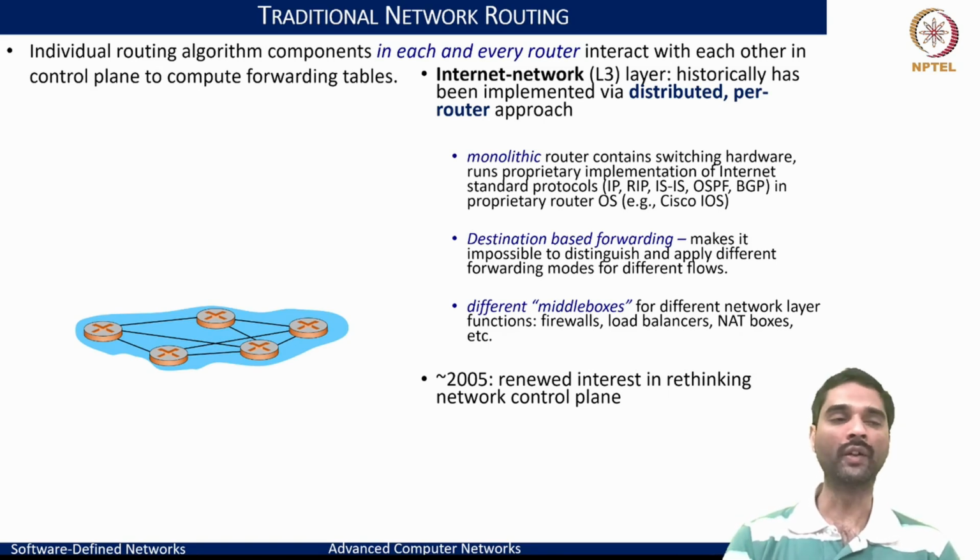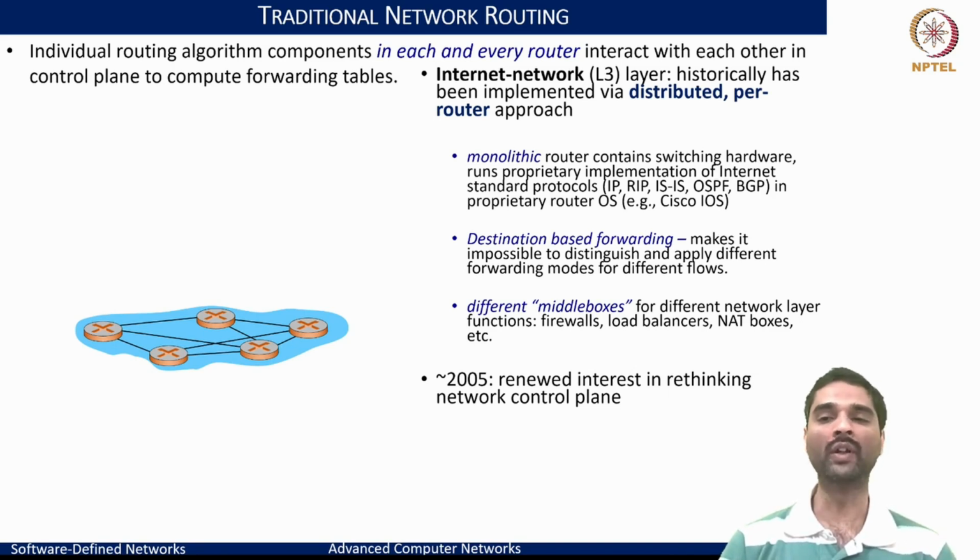Third, we looked at the different middle boxes that affect the way we want to build the forwarding plane. It is no longer just the destination in the packet headers: when you have a NAT, it completely alters the IP and the port that the packet is going towards, so the destination IPs are affected. Even load balancers do the same, where they select one of the backends and plumb in different destination IPs.